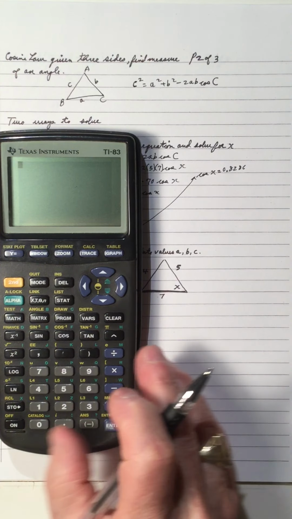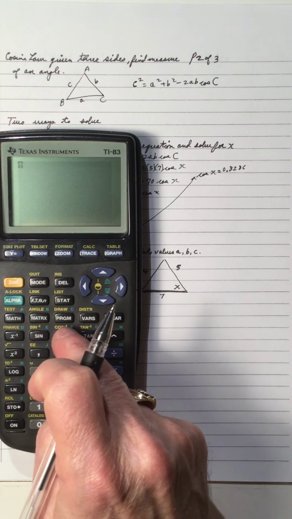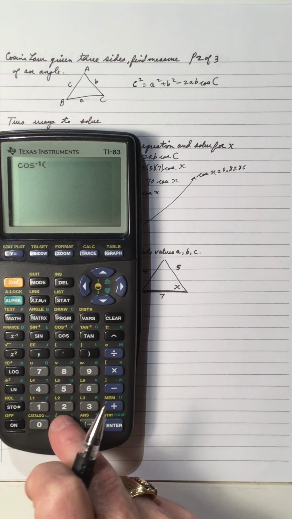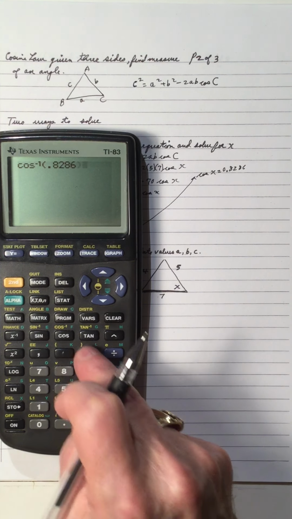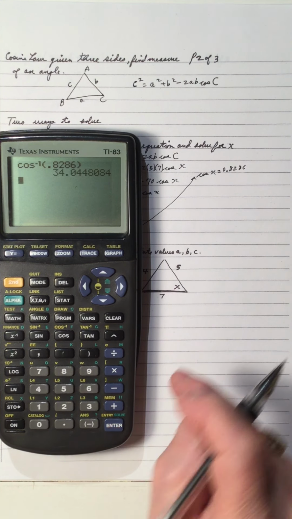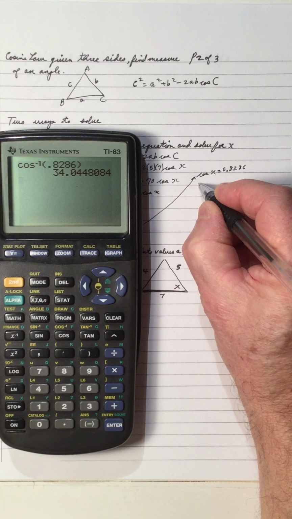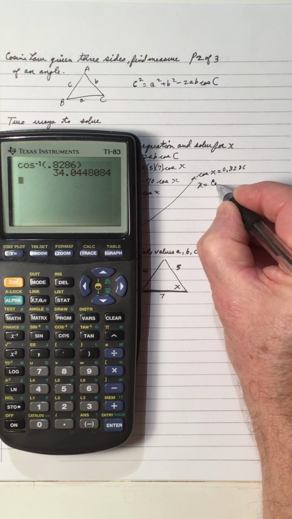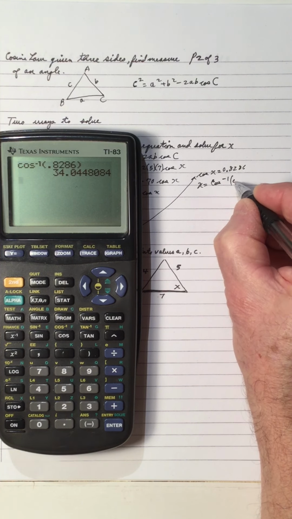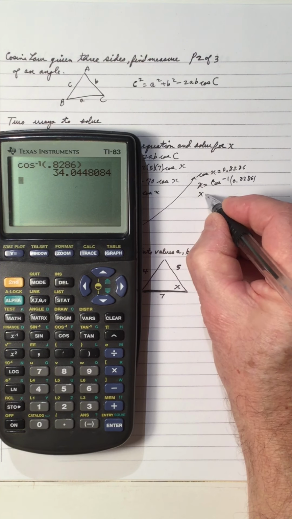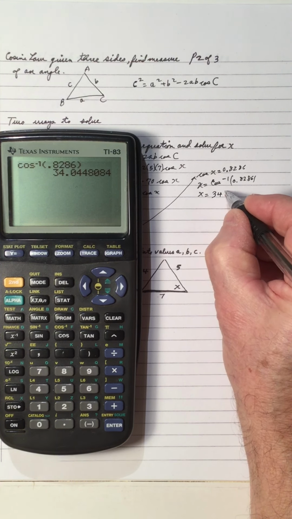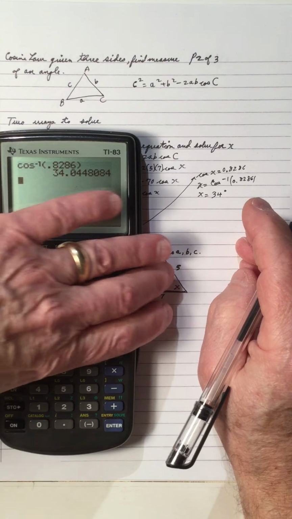So the inverse cos of 0.8286 is, we'll go x equals cos to the negative 1 of 0.8286. So angle x comes out to be, to the nearest degree, 34 degrees.